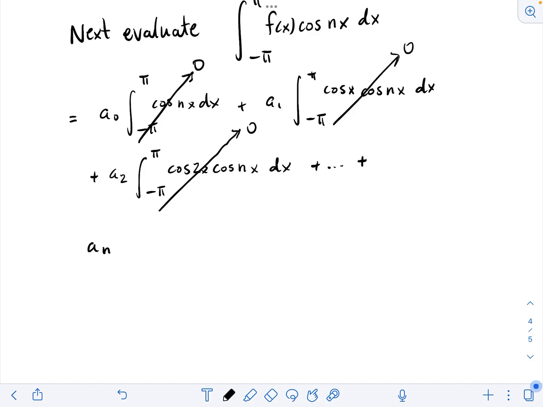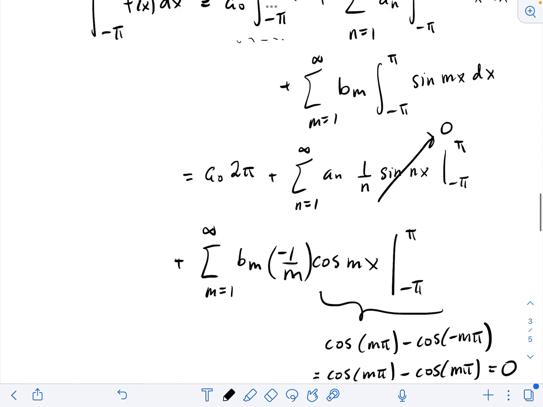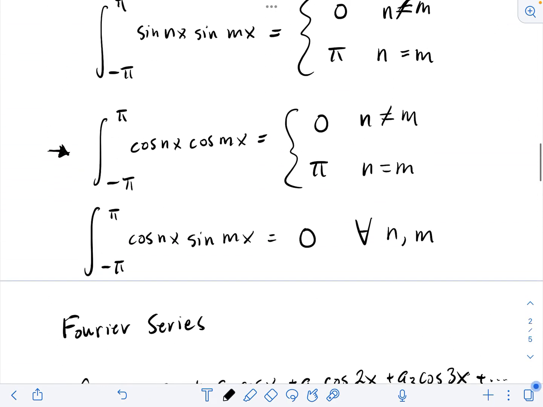So we'd have an from minus pi to pi of cos nx times cos nx dx. And if we remember, when n and m are equal, that evaluates to pi.